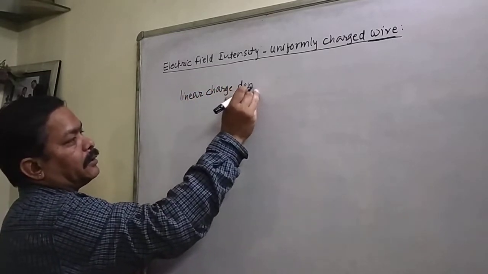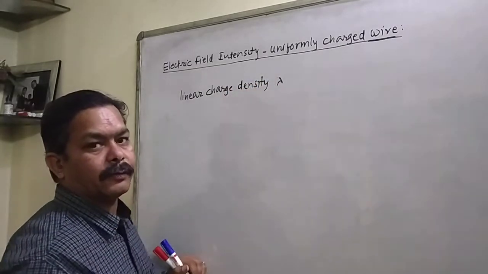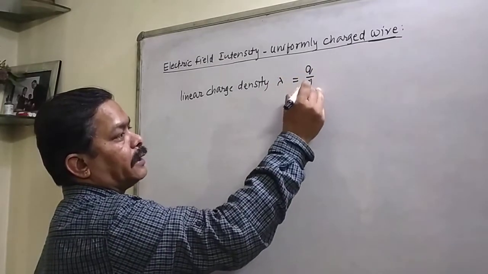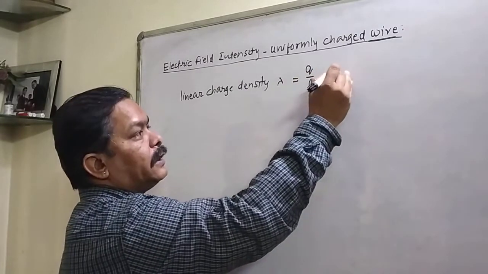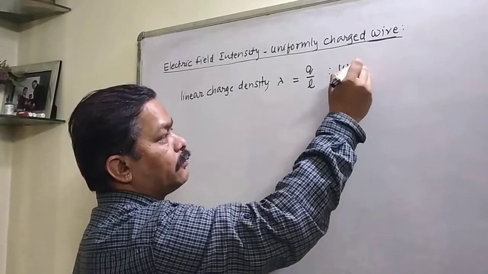Linear charge density is normally assigned as lambda. It is equal to charge divided by length. You should use this formula if the charge given on the wire is distributed uniformly.